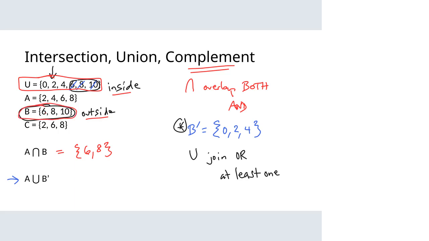If B is this, then B complement is everything else. And when we say everything else, we mean with this restriction in mind. So it's not all the other numbers besides 6, 8, and 10. It's all the other numbers besides 6, 8, and 10 that are in here. And that's how we find B complement.